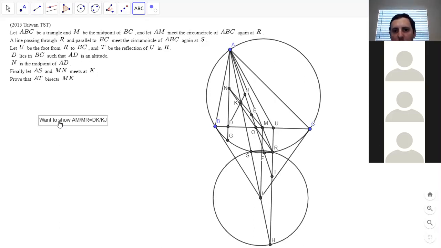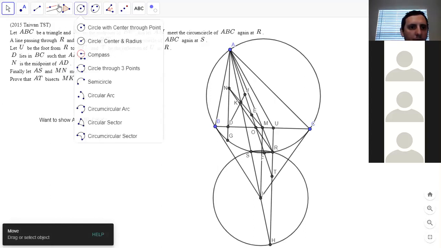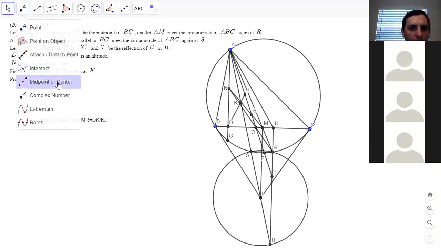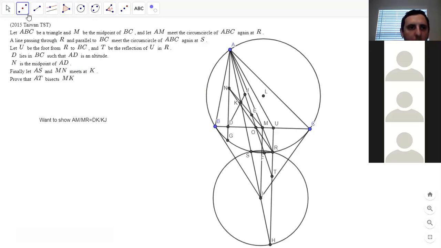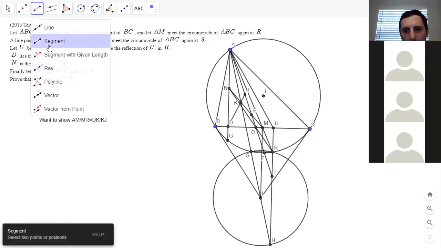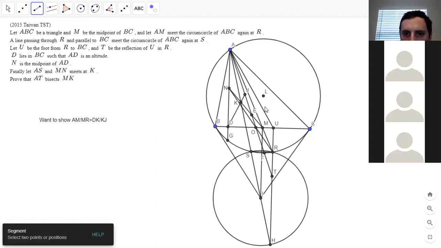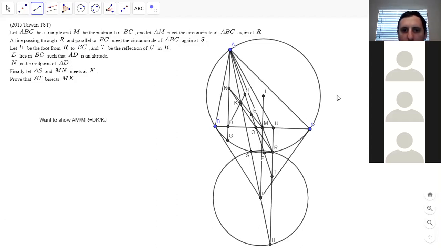Can we use reflections kind of? So maybe let's draw the center of the circle. We never really use the center of the circle. So AD and AL are isogonal, and AK and AM are isogonal.